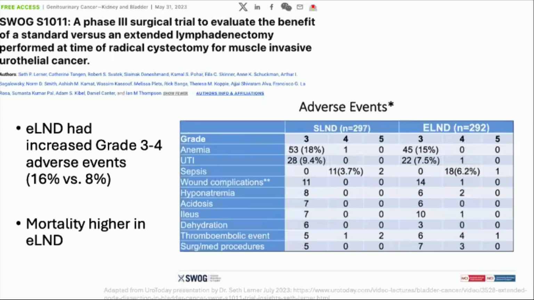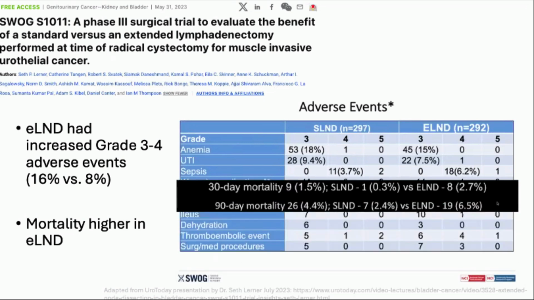When looking at adverse events, extended lymph node dissection essentially had increased grade 3 to 4 adverse events, 16% in the extended arm versus 8%, and they kind of lumped all of them together. The 30-day mortality for standard versus extended lymph node dissection showed that standard had 1 patient and extended had 8, and 90-day mortality showed that at 90 days in standard lymph node dissection, 7 patients had passed away, and in extended lymph node dissection, there were 19 patients who passed away.